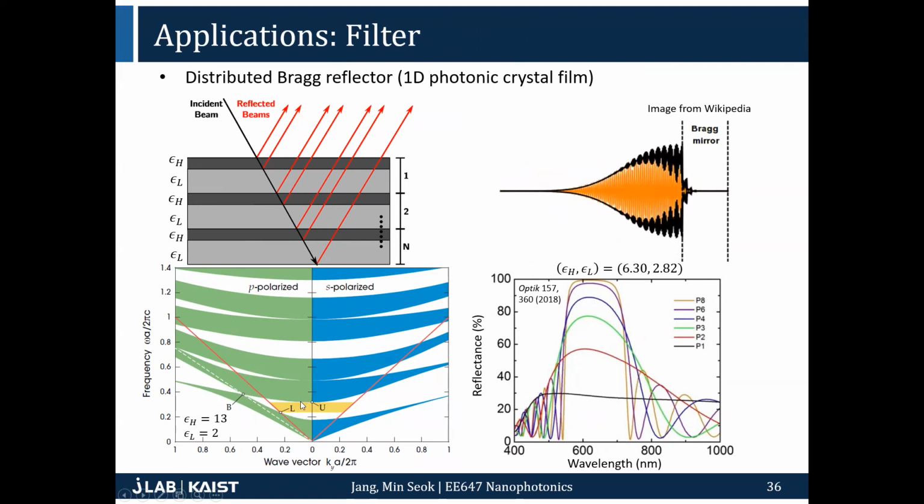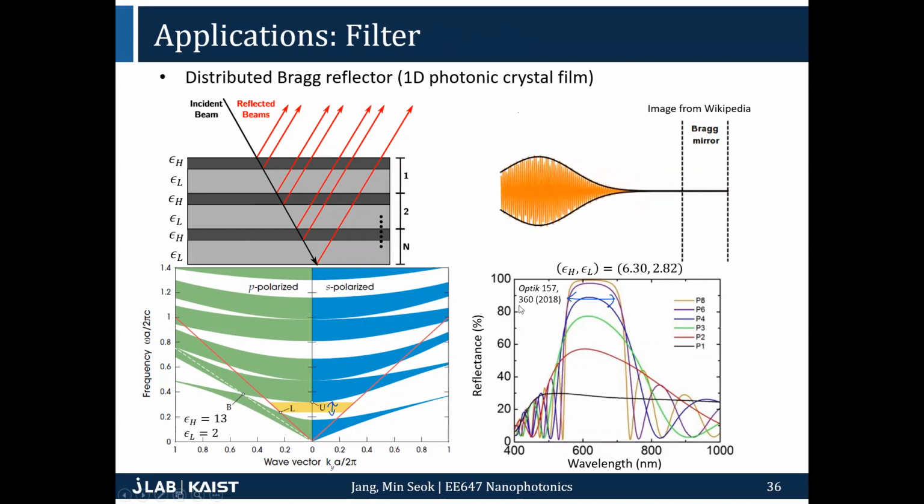So in the band gap region, from here to here, reflectance becomes 100%, right? With almost zero loss, which is pretty interesting to me.